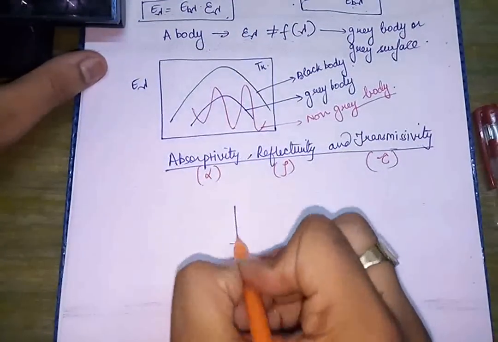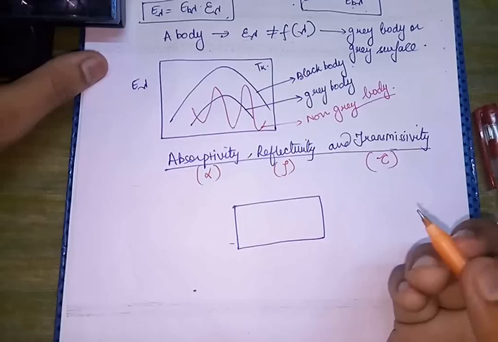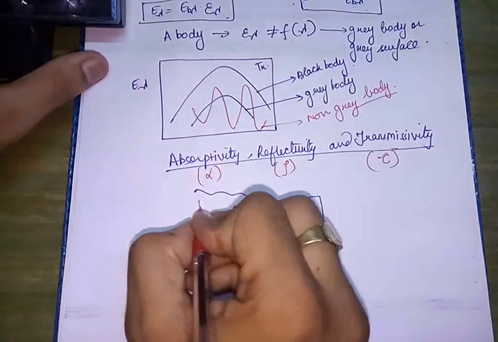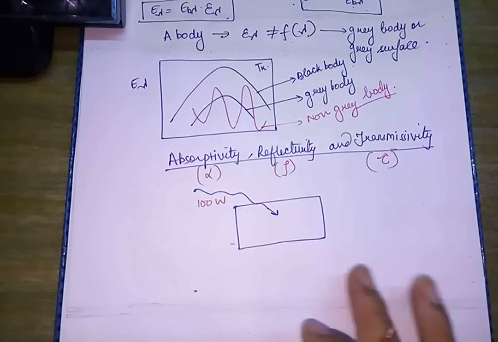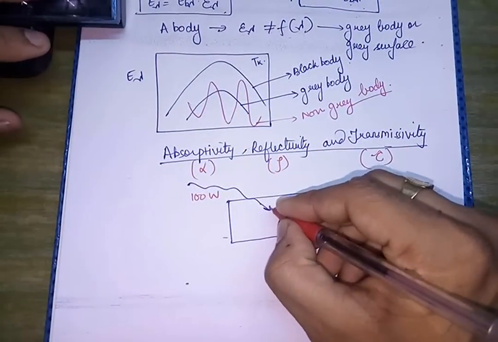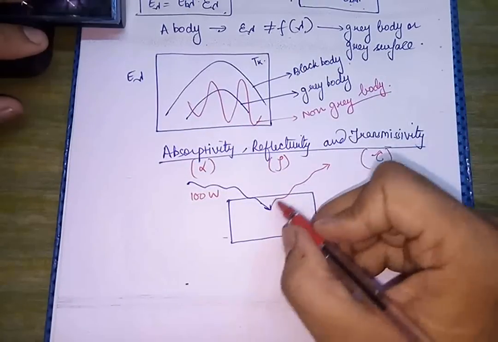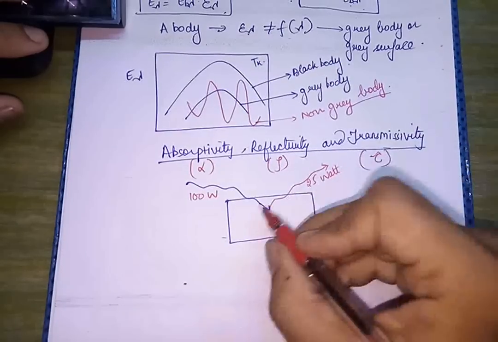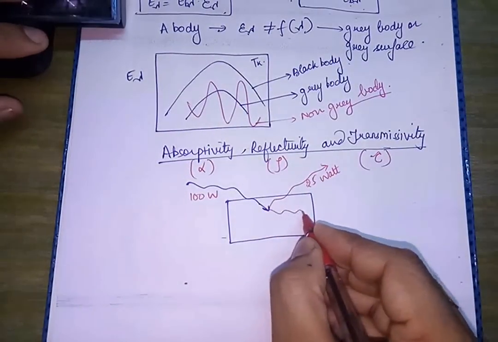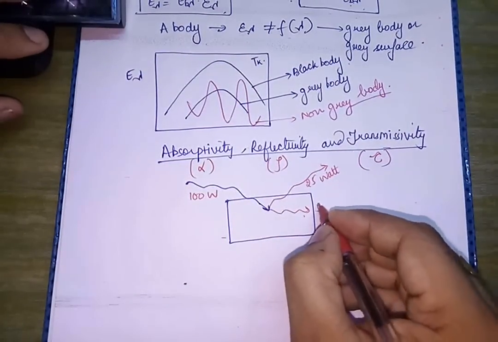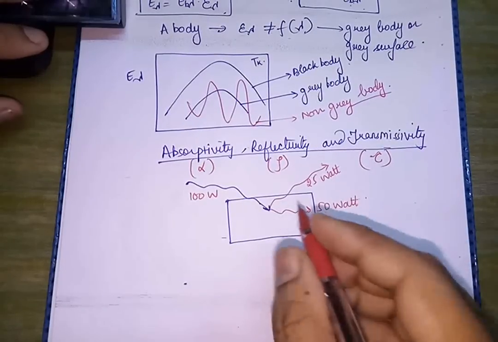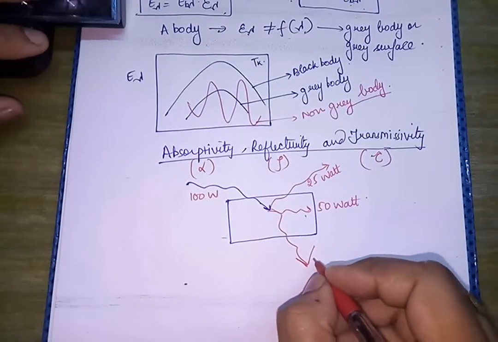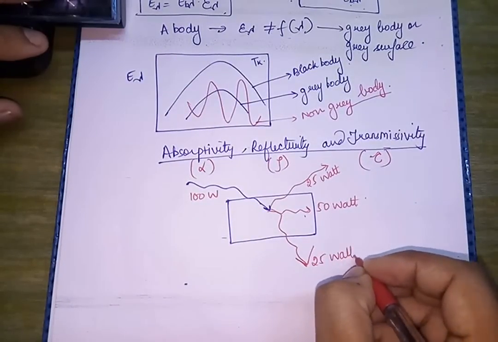Say we have a general body such that 100 watts of energy is incident on it. After striking the surface, some energy will be reflected back into the same medium, say 25 watt. Some energy will be absorbed by this material, say about 50 watt, and some energy will cross this body, the remaining 25 watt.